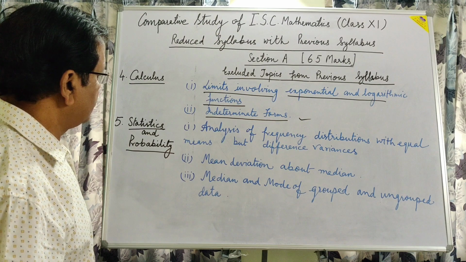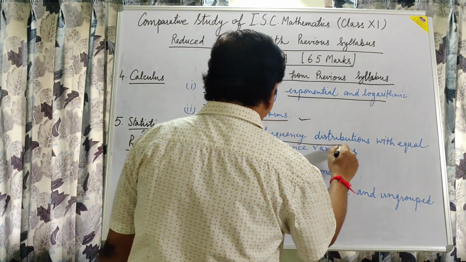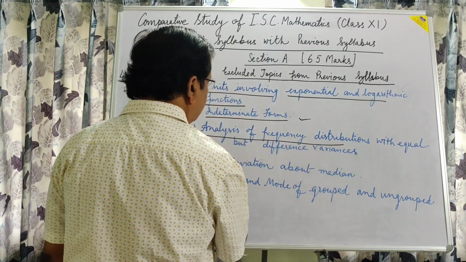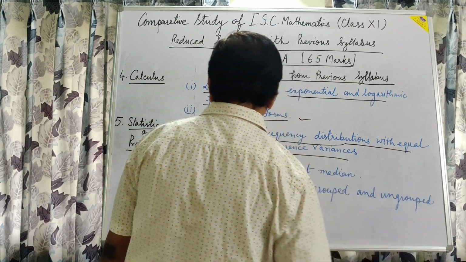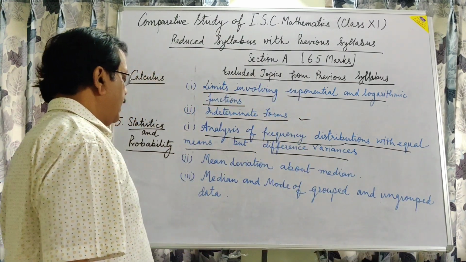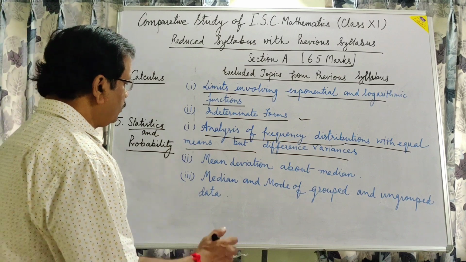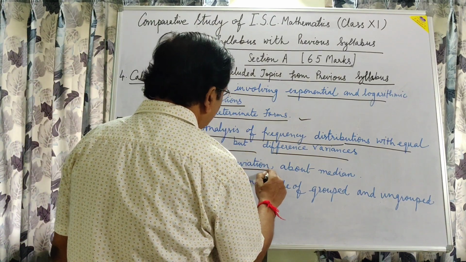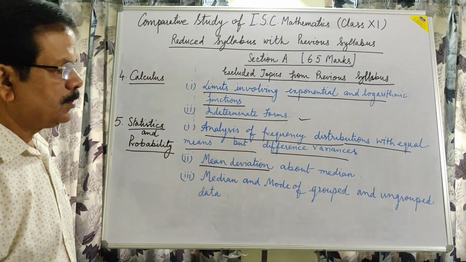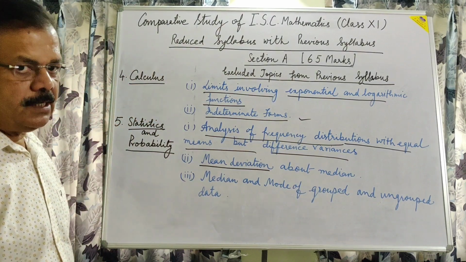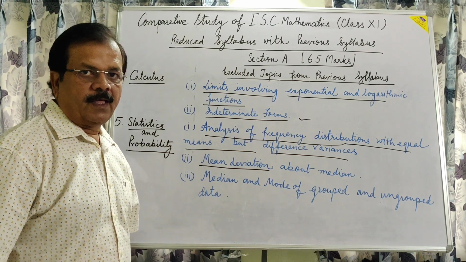In statistics, analysis of frequency distribution with equal means but different variances, excluded from the previous syllabus. Second subtopic, that is mean deviation about median, excluded from the previous syllabus, though mean deviation about mean is still there in the current syllabus.